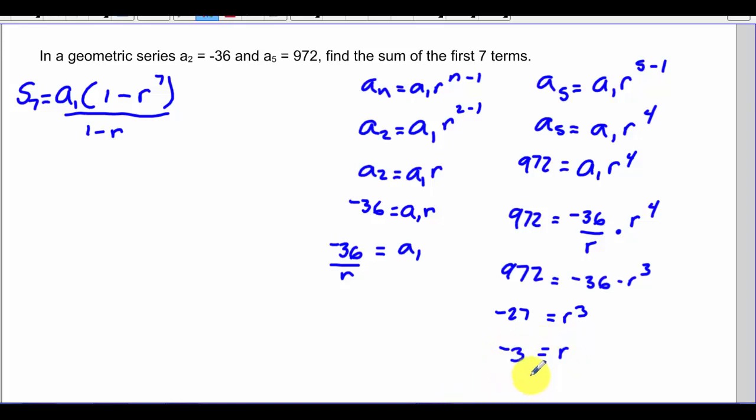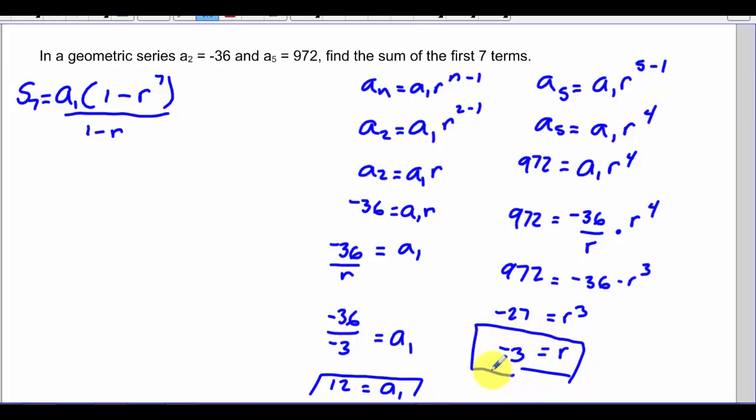If I know r is equal to negative 3, I can plug that back into this equation. I have negative 36 over negative 3 is equal to that first term. Alright, and that's going to be equal to a positive 12 is equal to the first term. Now I can plug back into my original equation because I have a value for the first term and I have a value for my ratio.